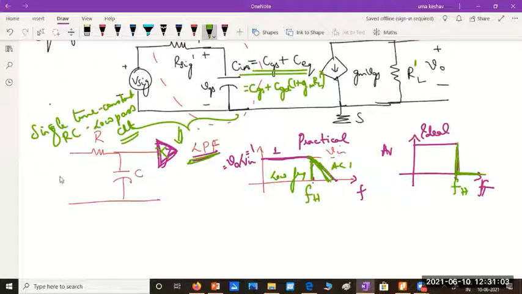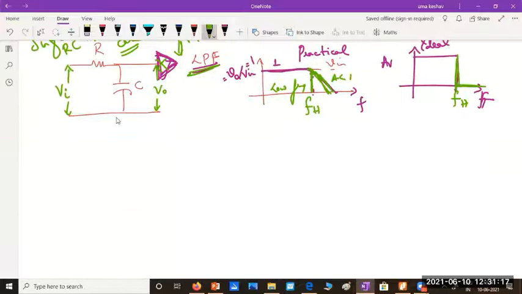Let me consider the voltage here as V_i and the voltage here as V_0, just to show you how this works. This is also there in your syllabus later, where we will skip the derivation. Here we will do it so that you will understand how it should look. So consider a single time constant RC circuit, or RC low pass filter.